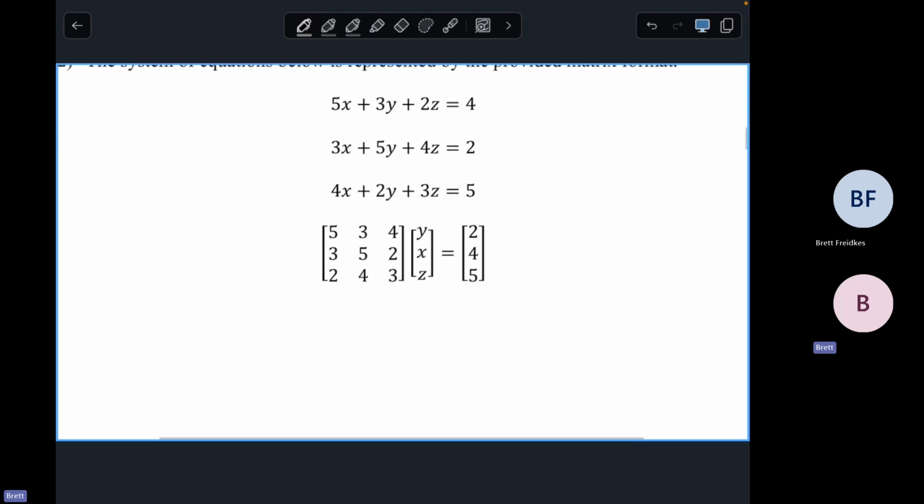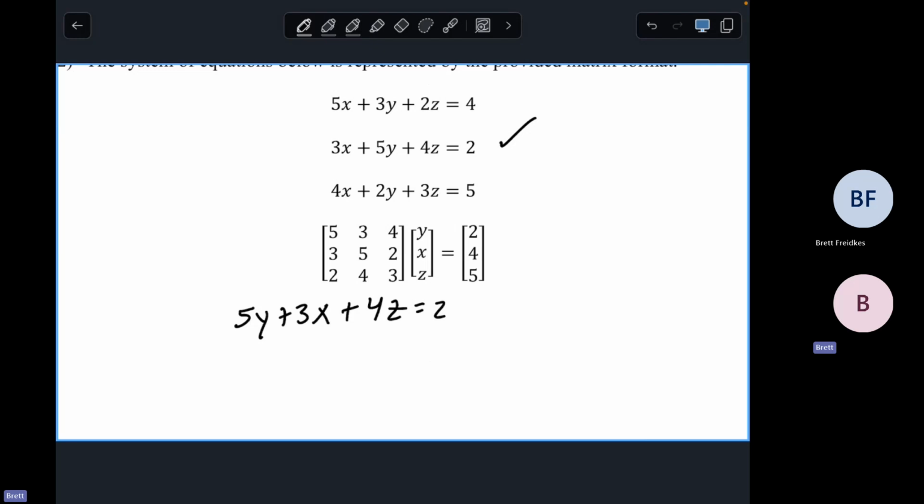So what's the first equation? Doreen, what's the first equation? What's the first equation from matrix multiplication? Which equation does that look like? Up here. The second one. That's correct.